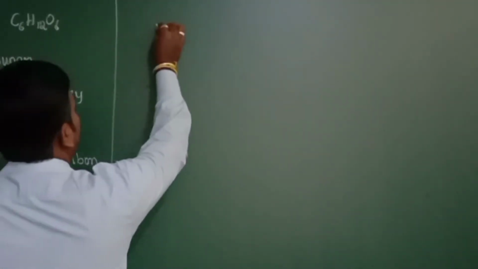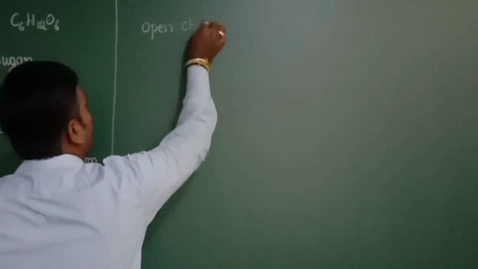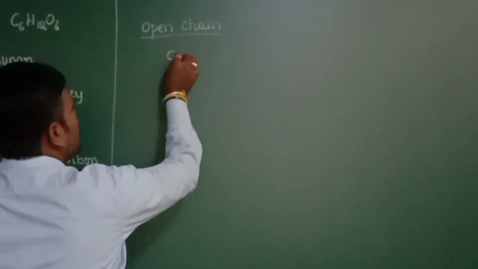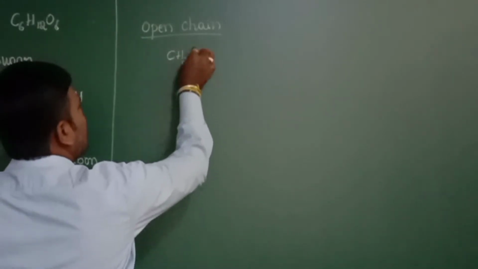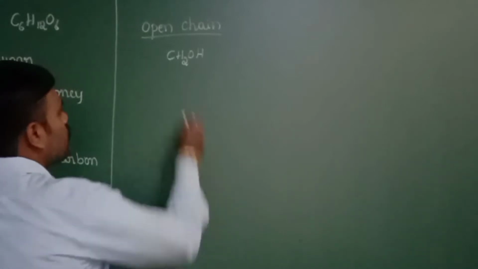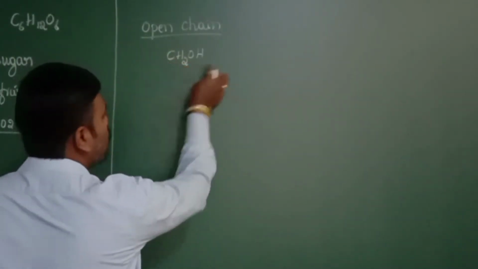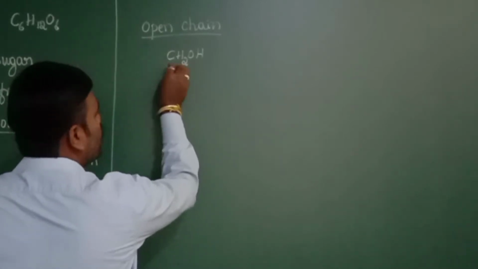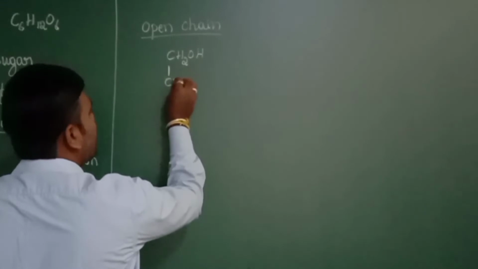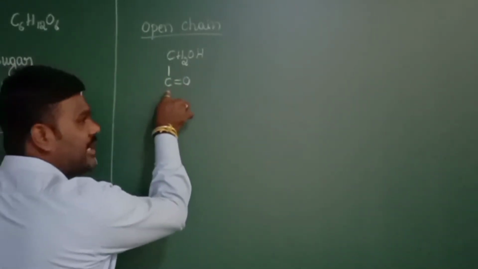So in the open chain structure of fructose molecule, as we have already written, it has 6 carbon atoms. So it will have the structure like this. And there are some similarities between the structure of glucose and fructose molecule. At the first position in glucose we have CHO, but here we have CH2OH. And in the second position in glucose we have CH and OH, but in fructose we have C double bond O, that is the ketonic group.